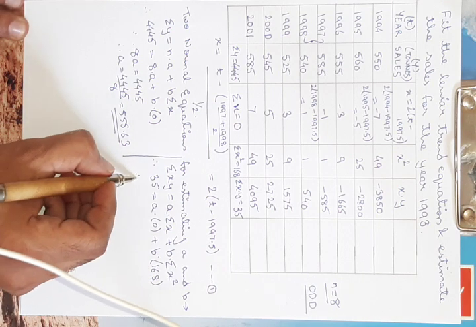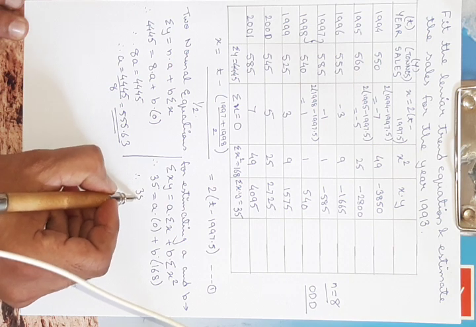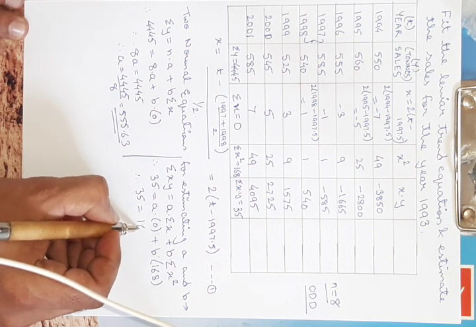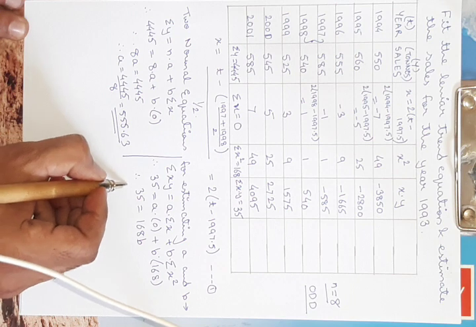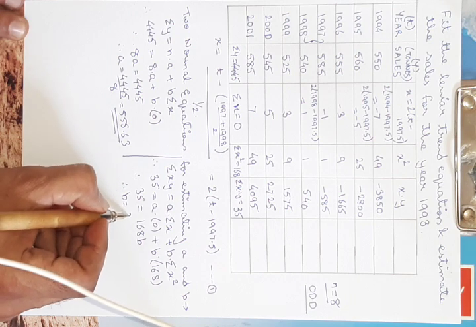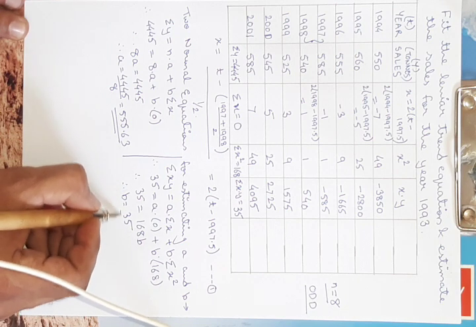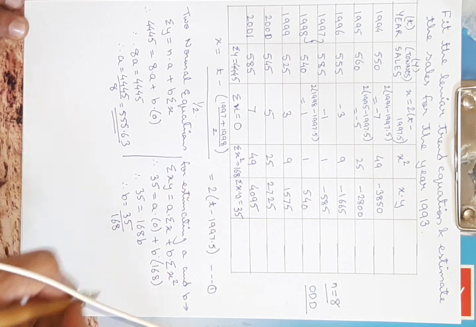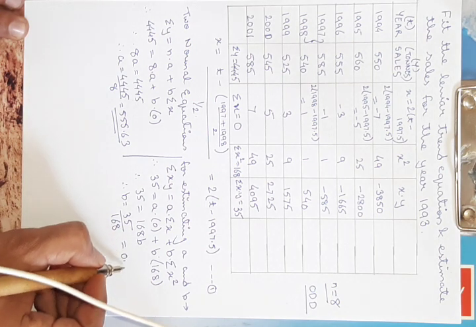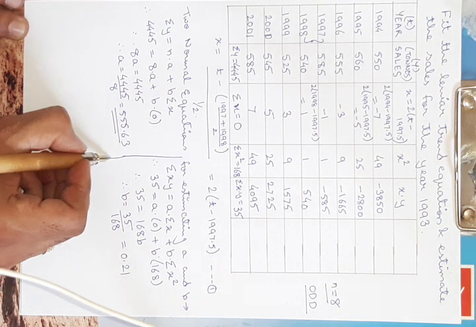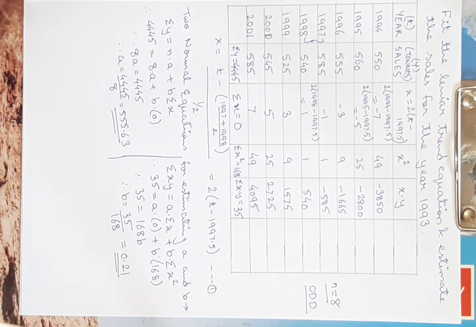So this is 0. This will be 35 is equal to 168b. Therefore, the value of b will be 35 divided by 168. This value comes out to be 0.21.